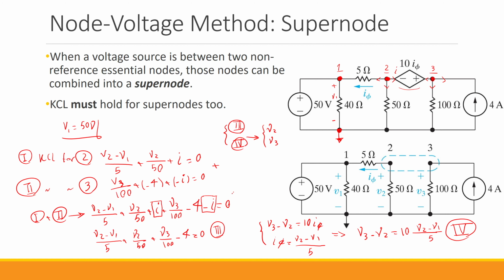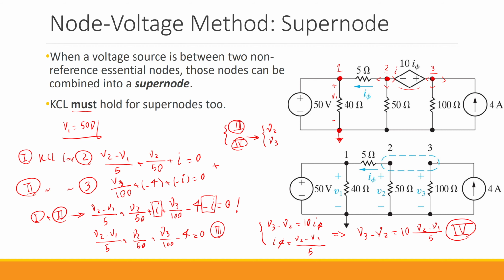So keep this equation in mind. The KCL holds for regular nodes, for essential nodes. We saw that already. But KCL also holds for a supernode.